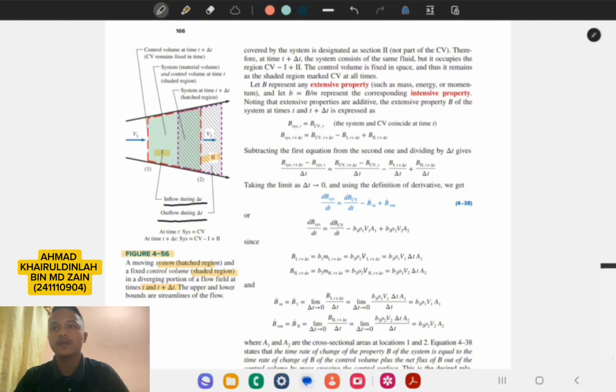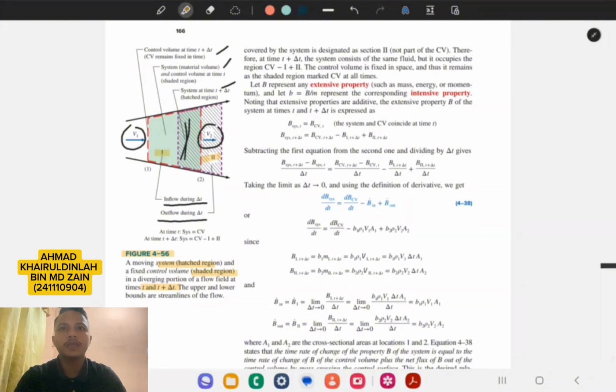At section 1 we have a uniform speed V1, and at section 2 we have V2. The CV remains fixed in time, and we also have a system and a control volume at time t, and between section 1 and section 2 we have the system at time t plus interval time, the hatch region.